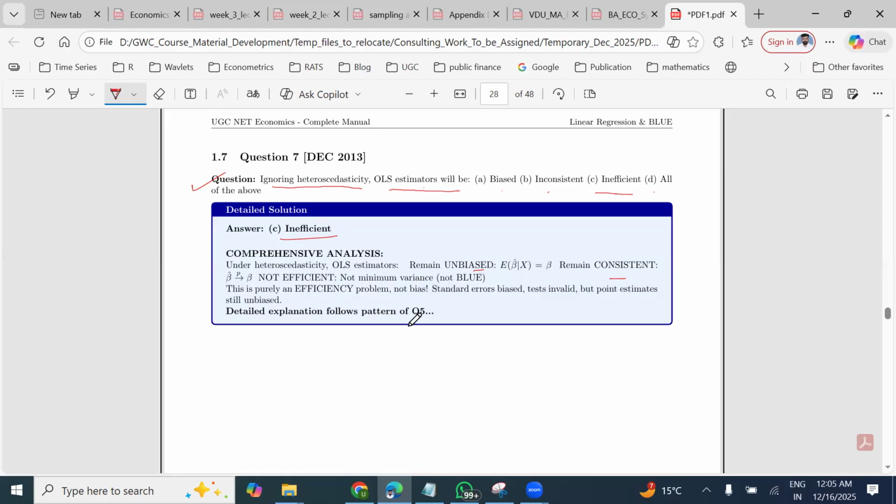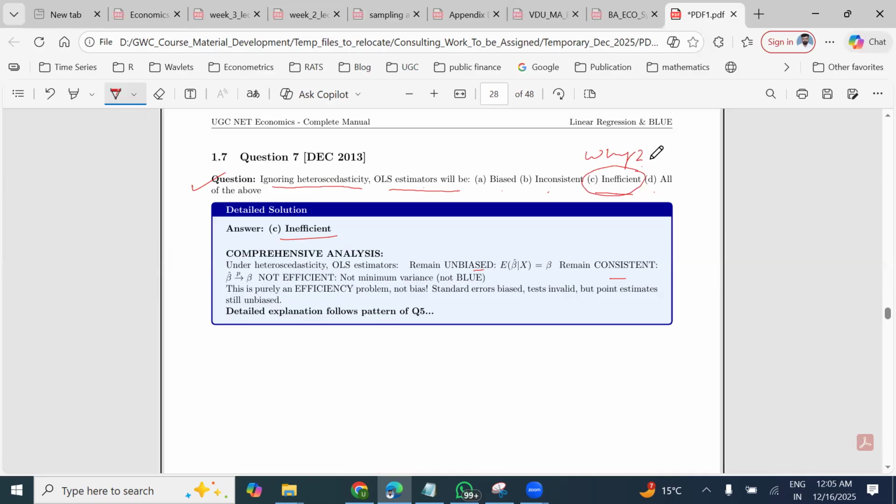You should also ask us why, sir, because then only we will be able to remember. Okay, very good suggestion. Why, Madhusmita? I am not asking Sangeeta because I know you will be able to answer. Sir, because in the OLS we have the error term is more.